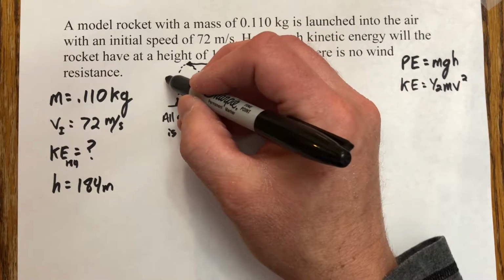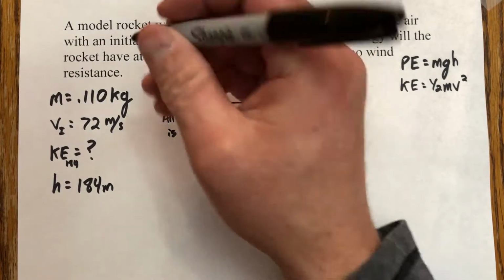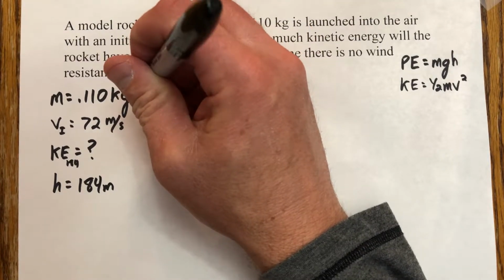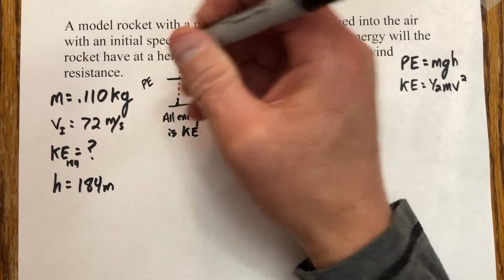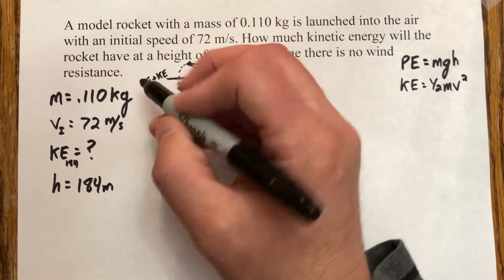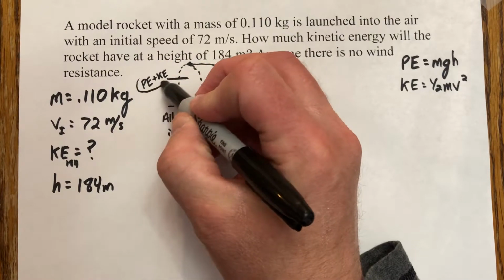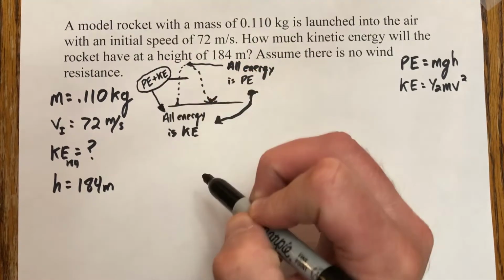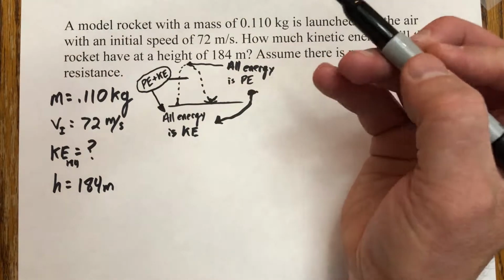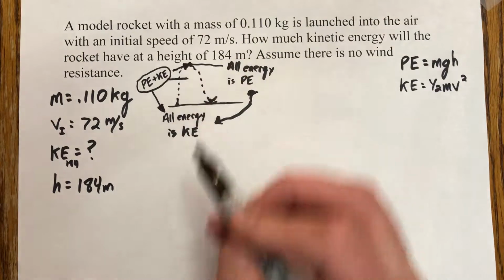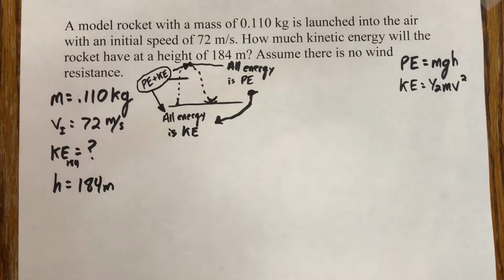And anywhere along that path, the rocket will be above the ground, so it has potential, but it will also be moving, so it has kinetic. So anywhere along this path, at any point, the potential and the kinetic of that rocket has to equal all of the kinetic energy, or possibly all of the potential energy. So all of these equal each other.